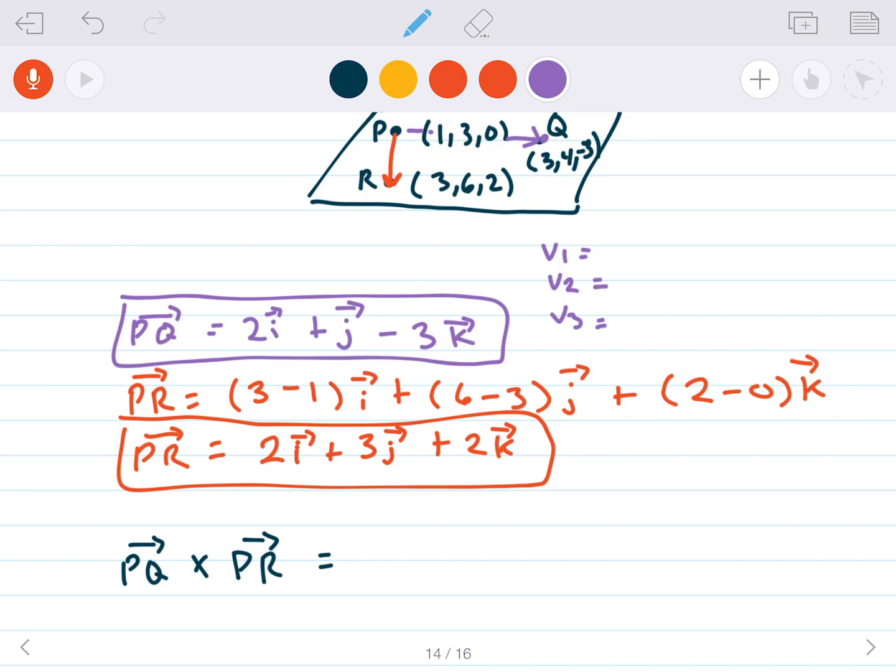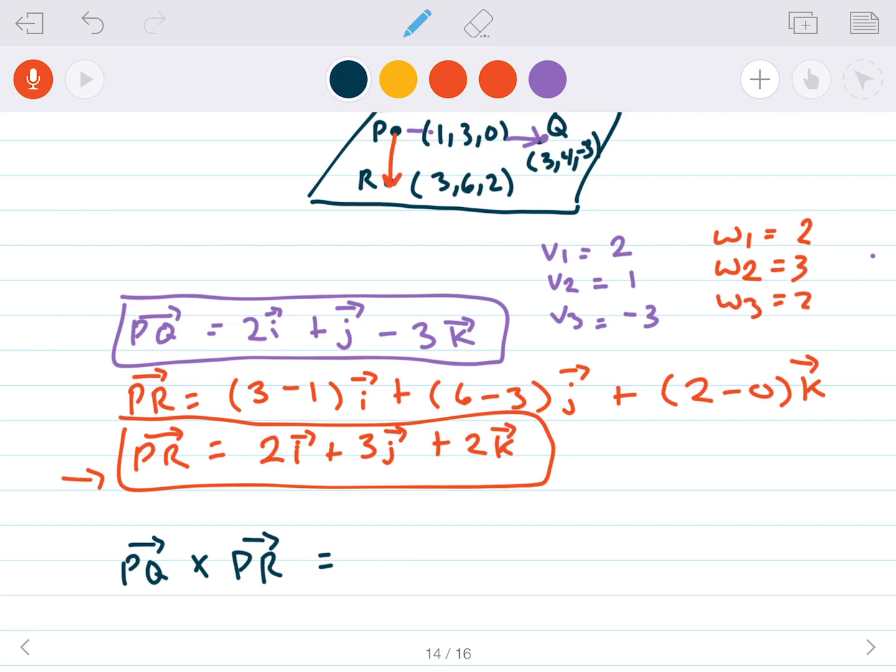V1 is 2, right? V2 is 1, the coefficient of j, and V3 is negative 3. And then for our W, our other vector is PR. So our W1 is 2, W2 is 3, and W3 is 2.